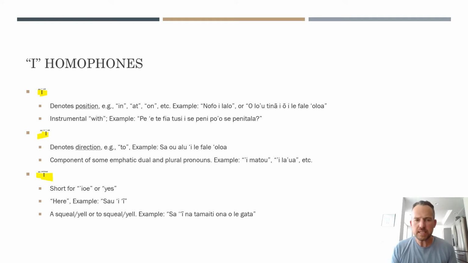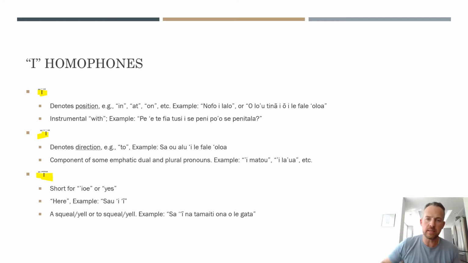The example here would be 'Sa ou alu i le faleoloa.' Sa is a past tense marker. Ou means I. It's a descriptive pronoun. Alu is our verb there. It means to go. And then E means to, because when you're going somewhere, you're clearly physically, geographically moving from one place to another. So we say E instead of E. Le faleoloa: le is the, faleoloa is store.